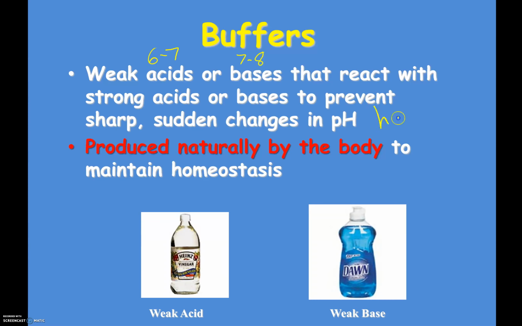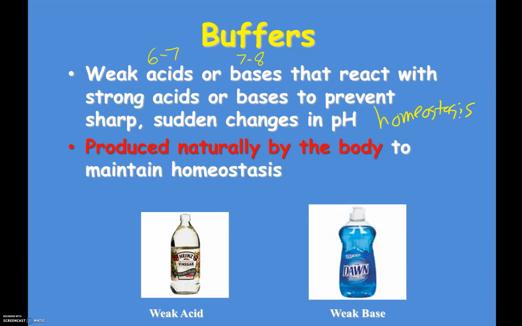Remember, we have this thing called homeostasis, where we have to keep our internal conditions consistent and the same, even though outside might be changing dramatically. You all know that your body can't tolerate large swings in temperature or chemical levels or things like that. If that happens, you're ill. You're typically going to the doctor and they're testing you to see what's going on. So there's buffers built into our body so that we don't experience swings in pH.